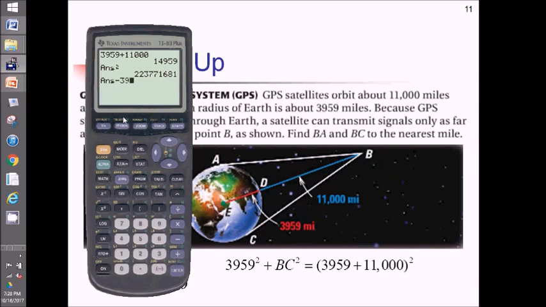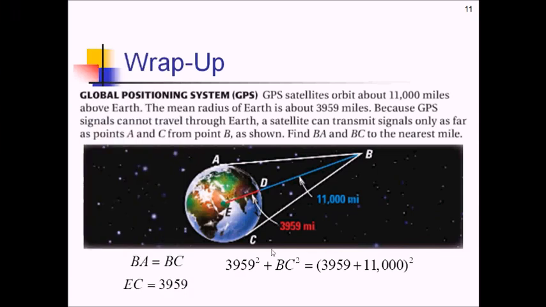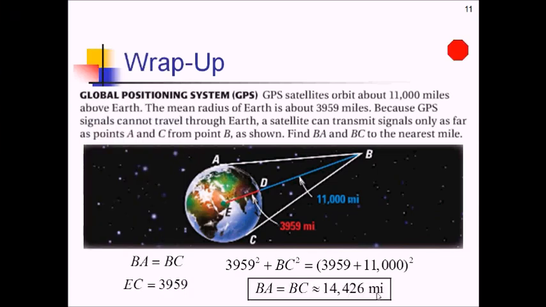So here we go, 3,959 squared getting subtracted. Gives me this insanely large number. And now I am just going to take the square root of that answer. That comes out to roughly 14,426. And that's going to be in miles.